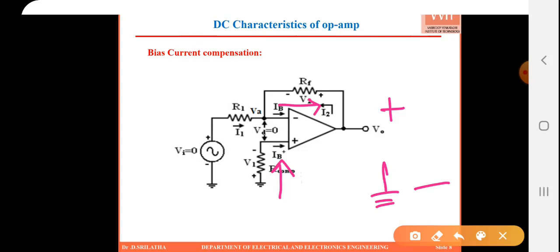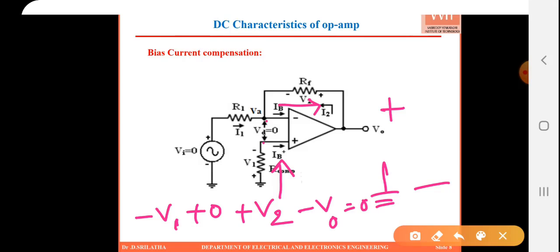I am writing the KVL equation. It is plus to minus, so minus V1, and VD is equal to 0. This voltage VD is equal to 0, and then it is minus to plus, so plus V2, and here it is plus to minus, so minus V0 is equal to 0. This is my KVL equation.